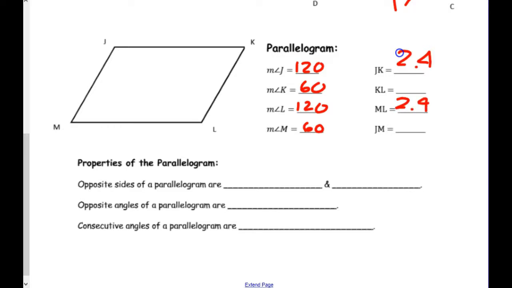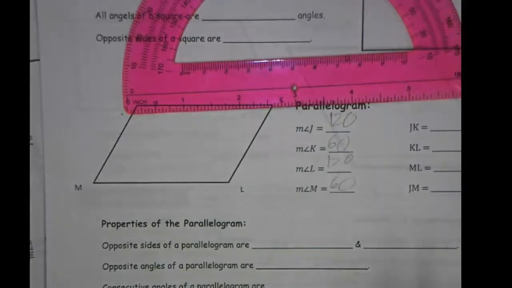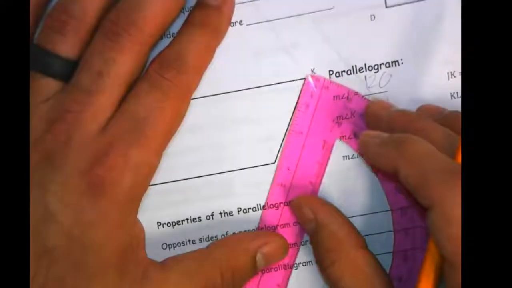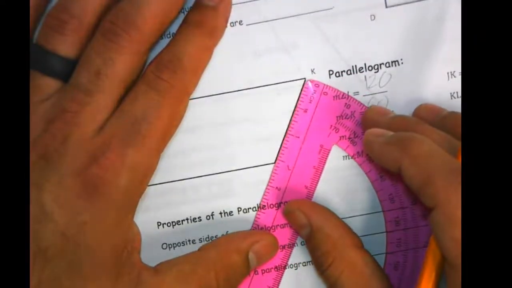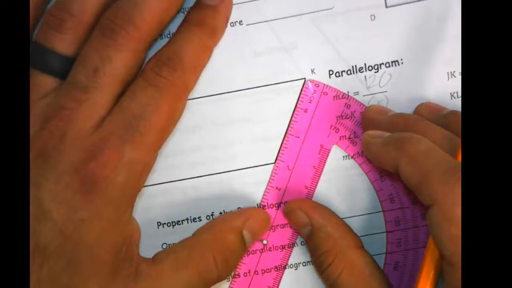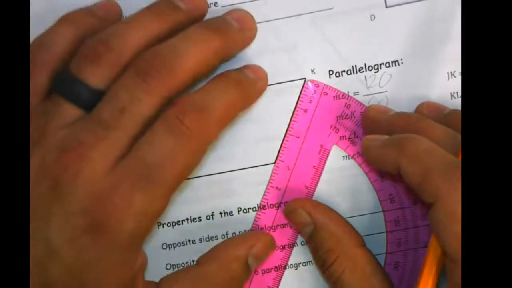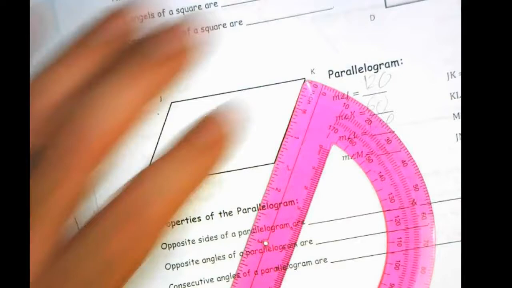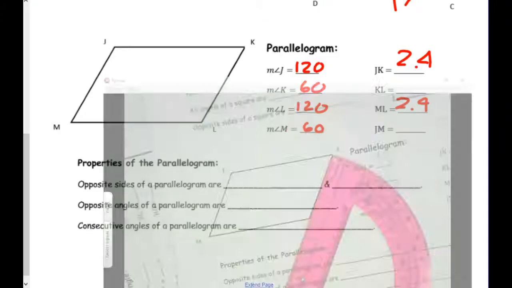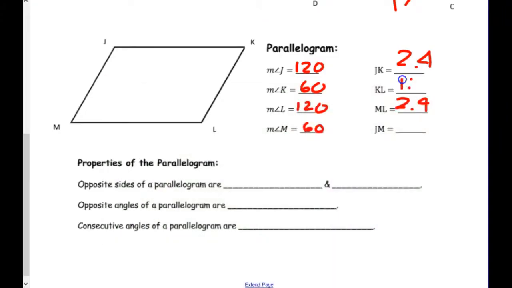And let's look at KL. So KL. Okay, it's about 5/8. Okay, so maybe about 1.7. Let's write that down. And it's going to be the same for both of these missing side lengths.